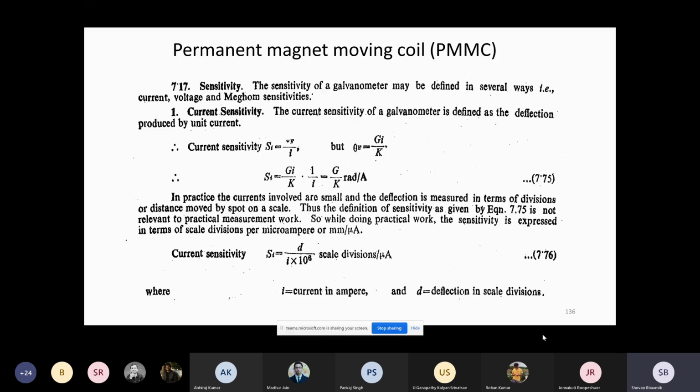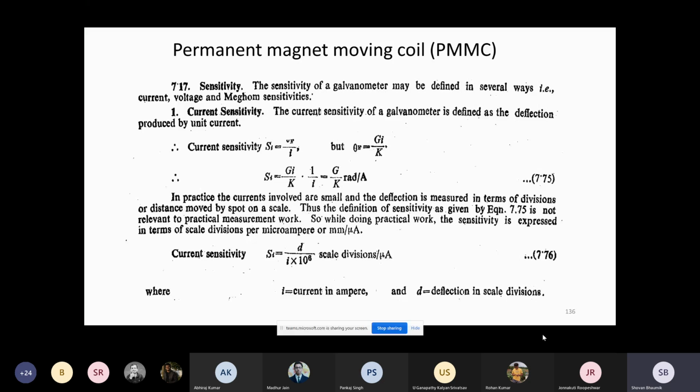The sensitivity of a galvanometer may be defined in several ways. So there are various types of sensitivity, for example, current sensitivity or voltage sensitivity or megohm sensitivity. We'll discuss one by one. So what is current sensitivity? Current sensitivity of a galvanometer is defined as the deflection produced by unit current.